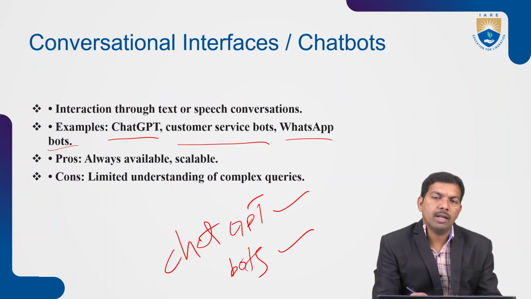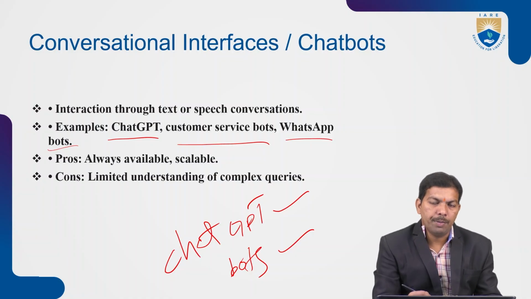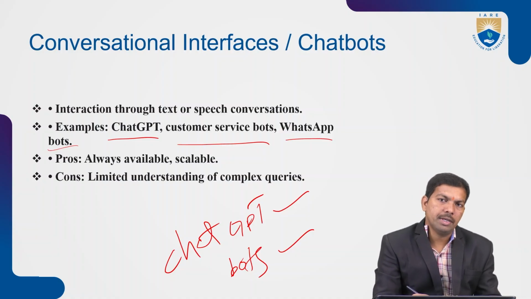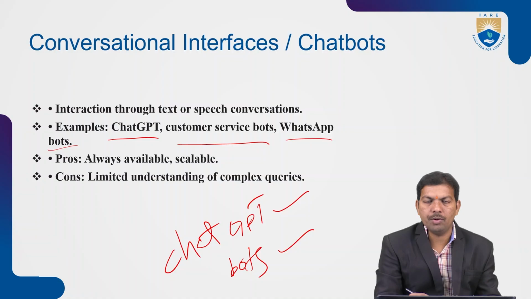So we directly get services by chatting, that is, speech conversation or text conversation, whatever information we require. For example, if I want some bank information, HDFC or some bank has developed a chatbot application. I directly enter the chatbot and chat with it, and I will get the services provided by that particular bank.